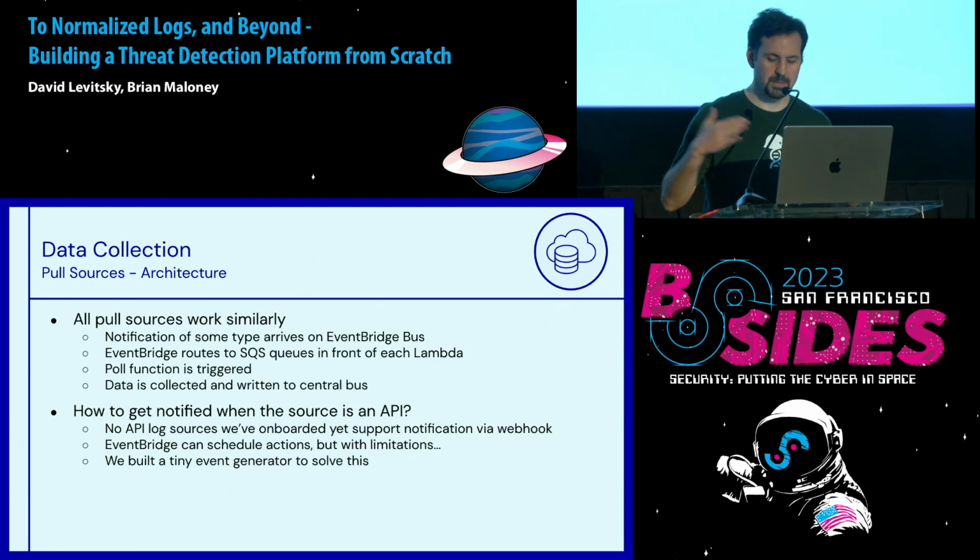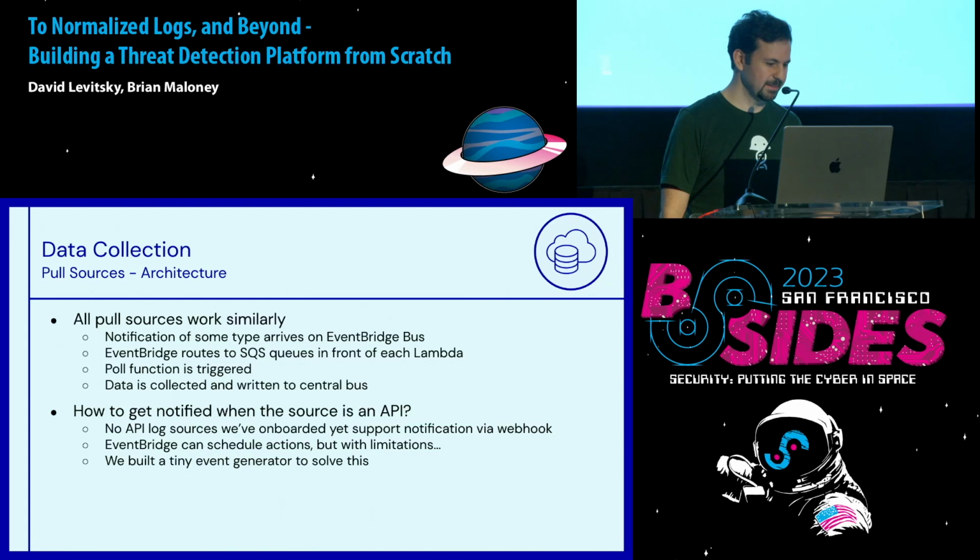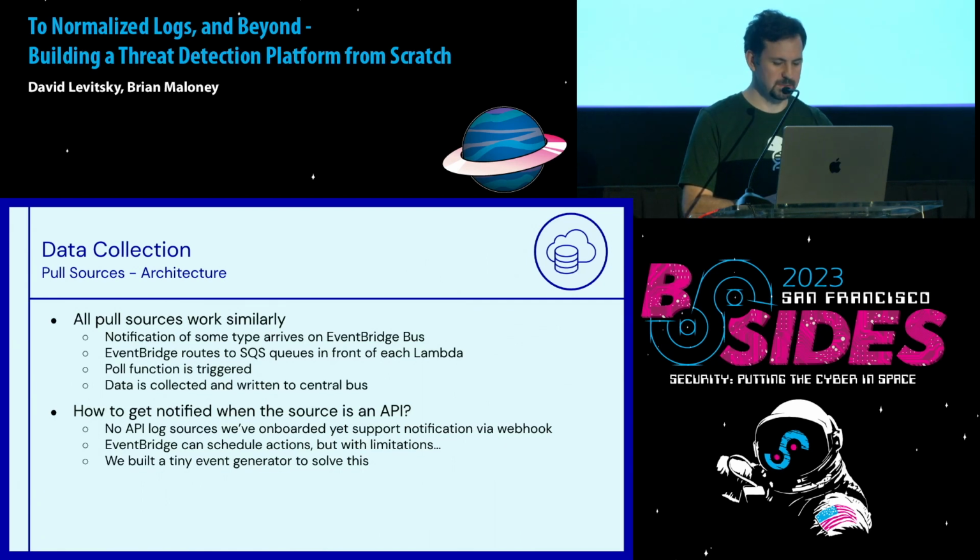It'll just keep monotonically generating cron type events. It doesn't have sub-minute granularity if you need that. So we do have a tiny event generator for our pull sources, and that runs in Fargate, and it just generates events into our EventBridge bus that triggers those inputs.